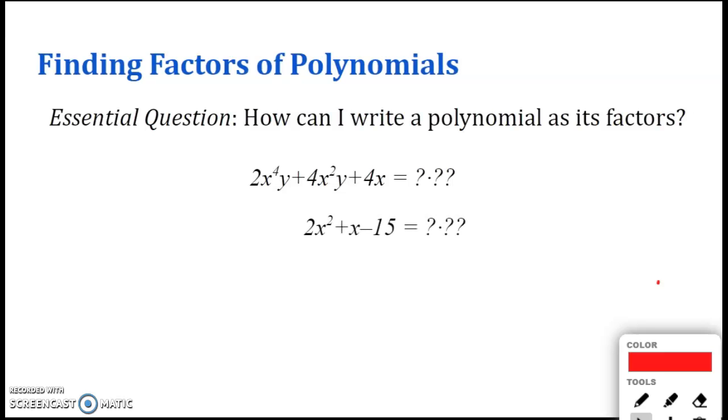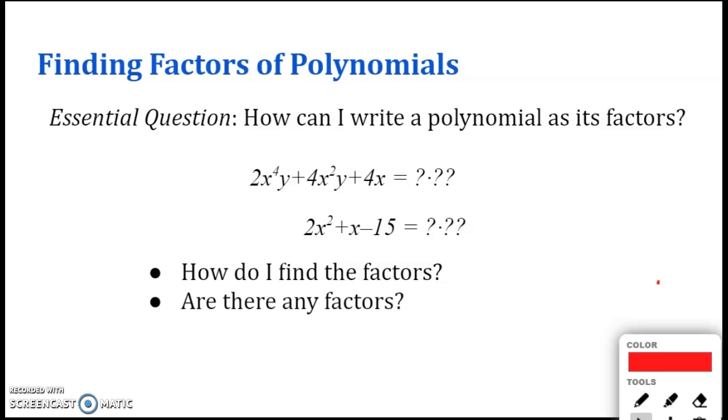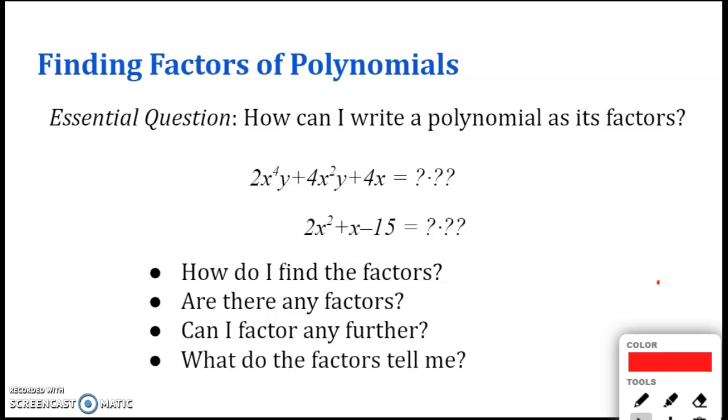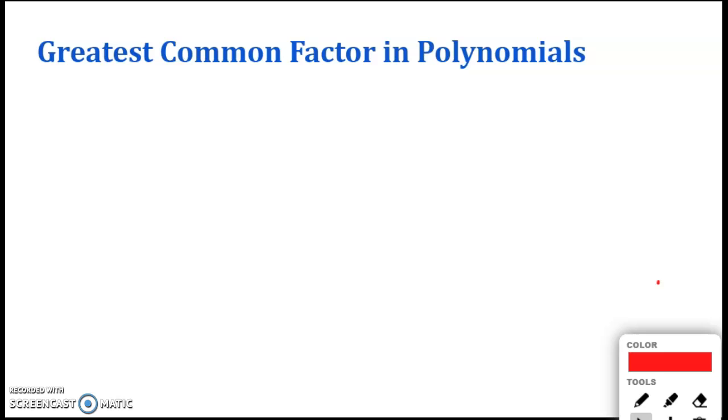Or 2x squared plus x minus 15: what are the two expressions that multiply to get 2x squared plus x minus 15? So you should be asking, how do I find the factors? Are there any factors? Can I factor any further? And what do the factors tell me? We are going to tackle greatest common factor in polynomials, and we are going to continue in our next lesson recording.